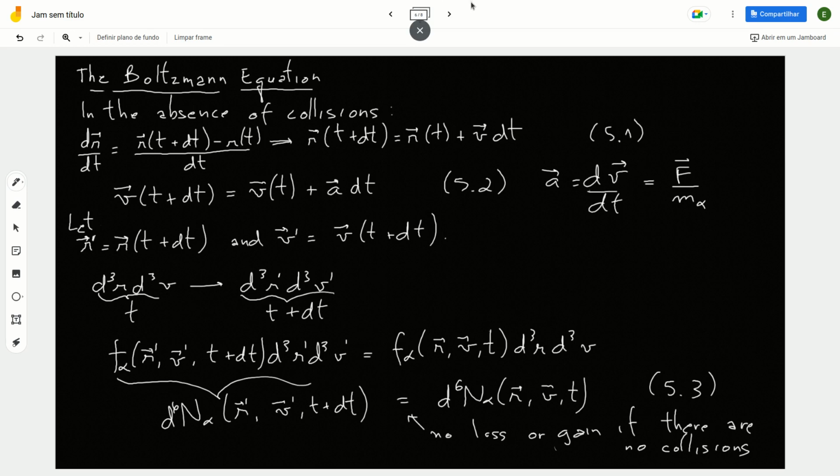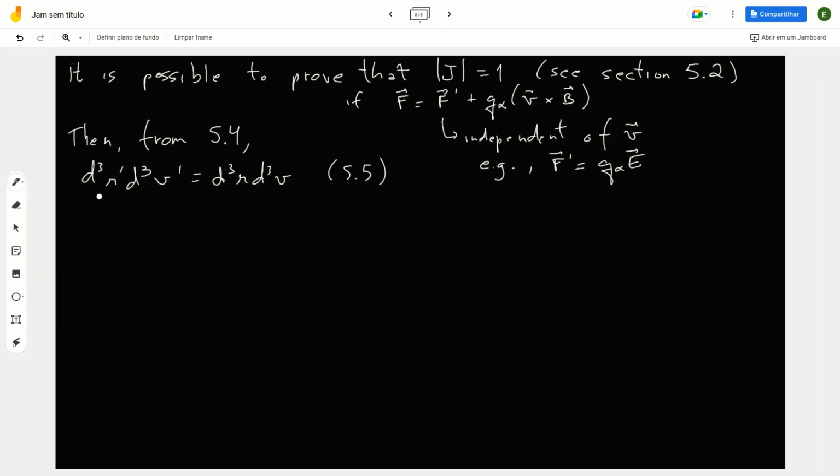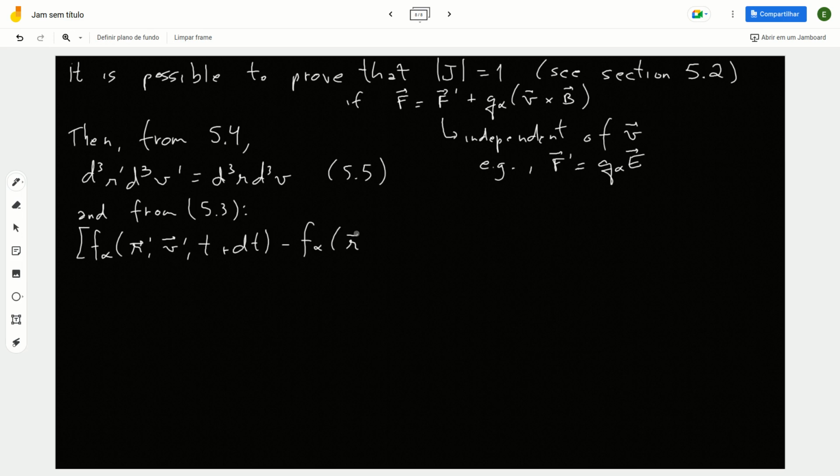So from 5.3 you get f(r', v', t plus dt) minus f. I'm just joining these two terms here, multiplying them by this, and this is equal to 0.